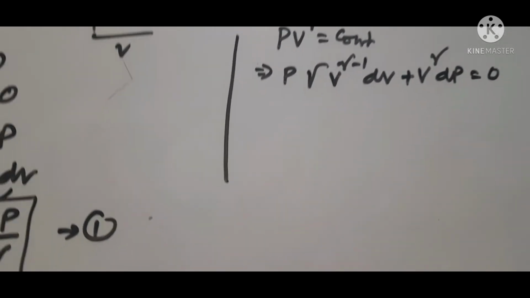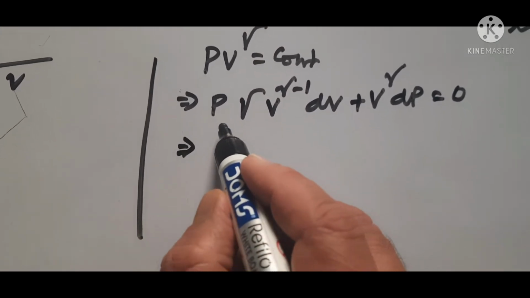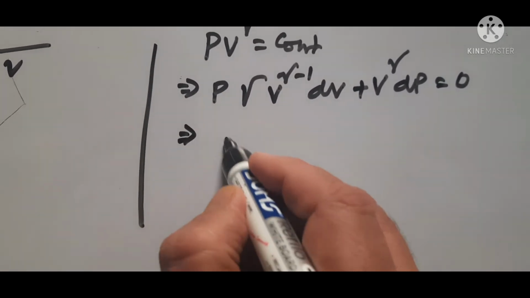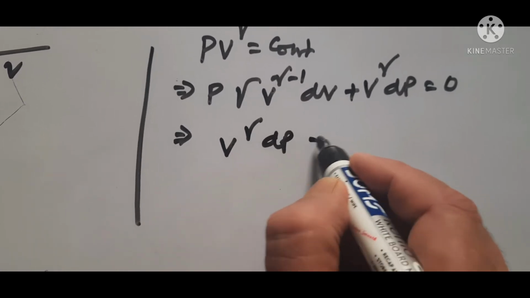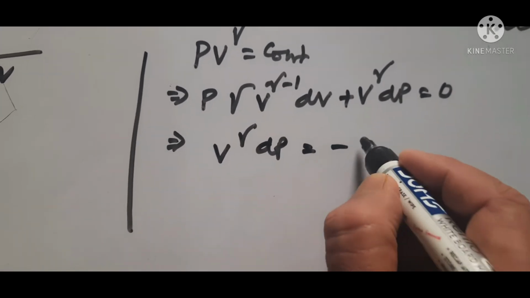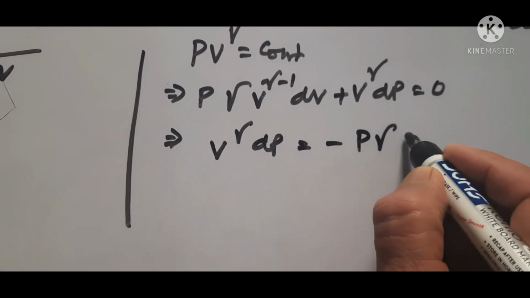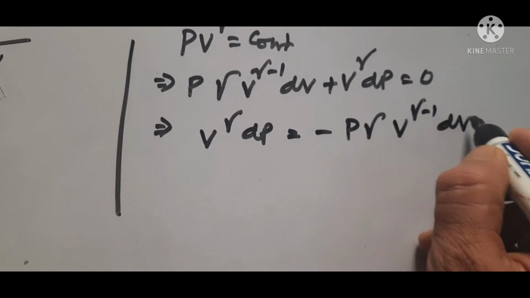The differentiation of a constant is 0. Now V to the power gamma dP is equal to minus P gamma V to the power gamma minus 1 dV.